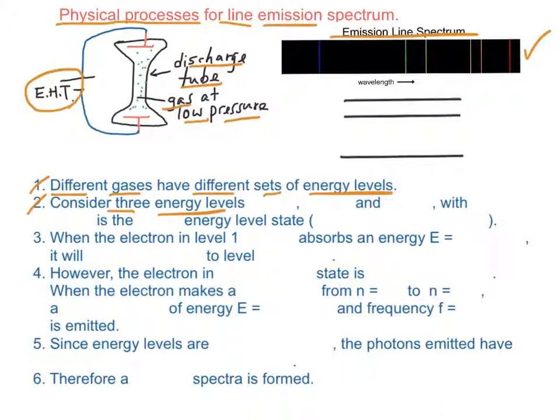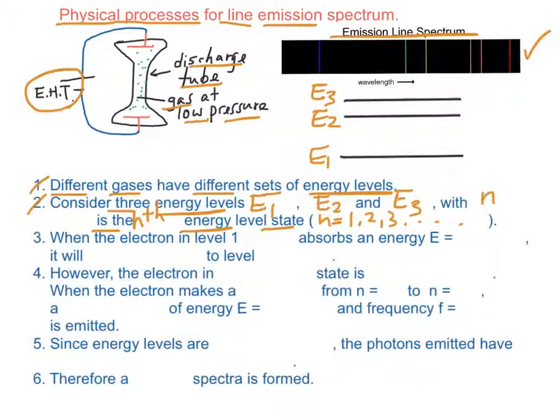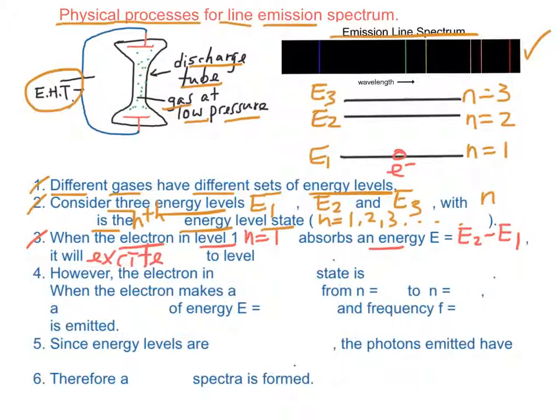Consider three energy levels E1, E2, and E3, with n being the nth energy level state, where n equals 1, 2, 3, etc. When the electron in level n equals 1 absorbs an energy E equal to E2 minus E1, it will excite to level n equals 2.